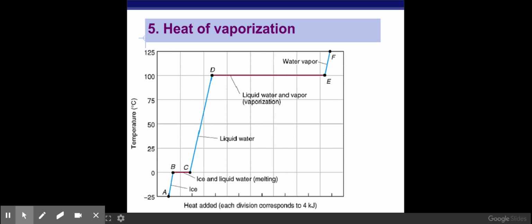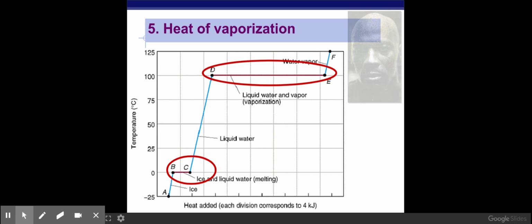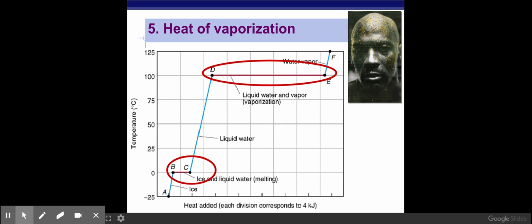Here, we're looking at heat of vaporization. So how much energy needs to be added for that liquid water to become water vapor or a gas. There's a lot of heat that needs to be added in order to do that. And when it does go into the water vapor, that energy is released. So this becomes important when you think about sweating.